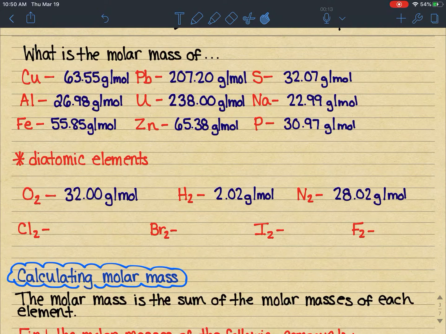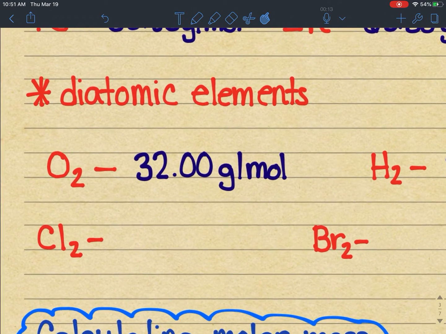So when you are reading a chemical reaction and it says something like, a sample of copper is reacted in the presence of oxygen gas and forms a copper oxide compound, we need to remember that when we're dealing with the oxygen gas, we're not just dealing with oxygen, which has an atomic mass of 16.00 grams per mole, but we're actually dealing with the diatomic version of that.